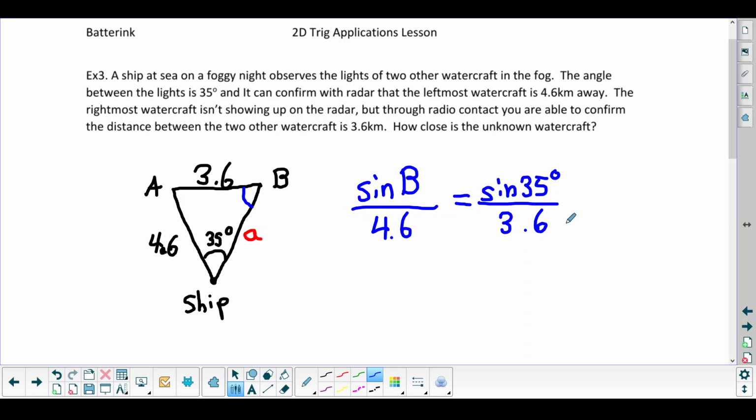Okay, so we're going to need to rearrange this a little bit. So we can punch this in our calculator, multiply 4.6 up. And if you do that, you get sine B is equal to 0.7329 something, dot, dot, dot.